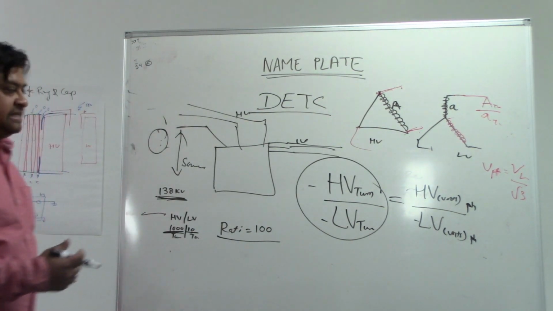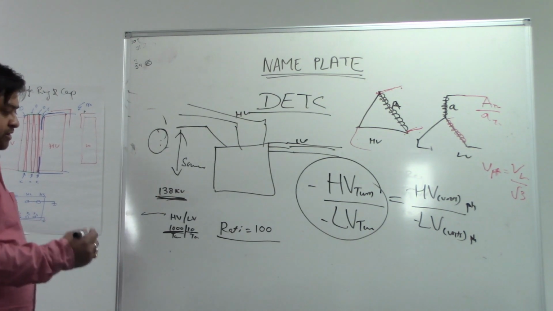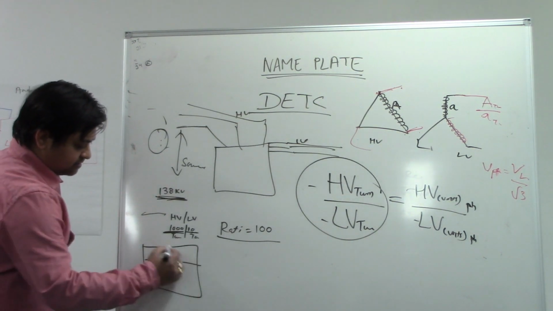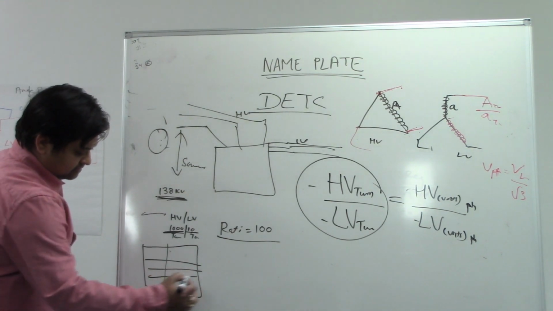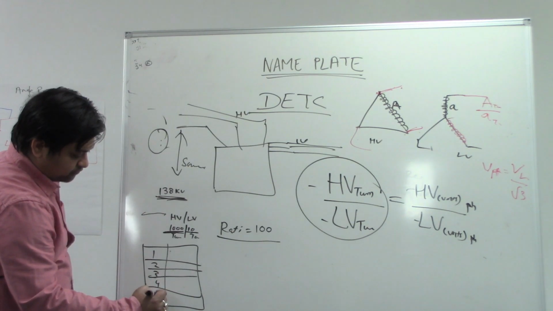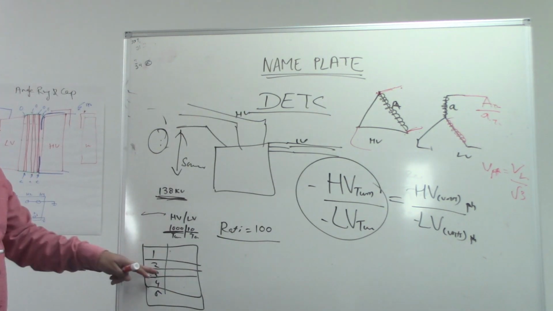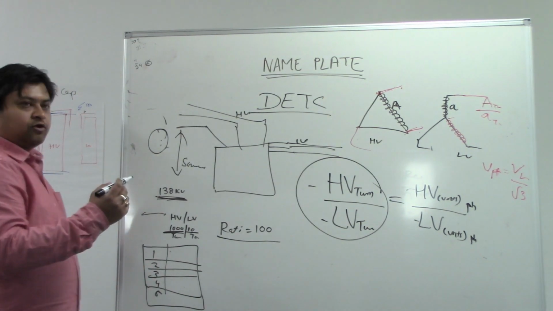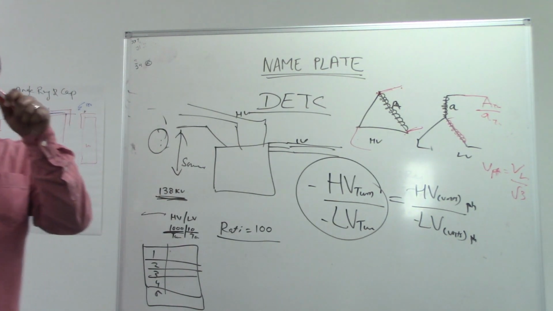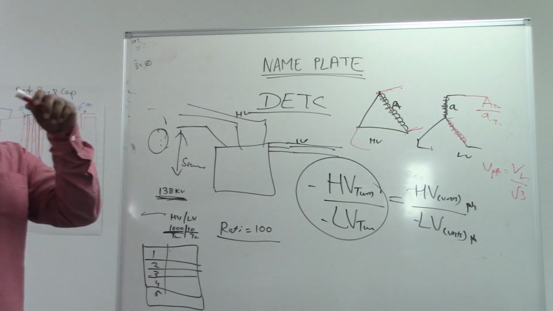So now what does the de-energized tap changer do? In a de-energized tap changer, there are taps, right? If you see the table, say you have tap number 1, 2, 3, 4, 5, right? So taps. So what we do is, now your turns in a transformer are constant, right?